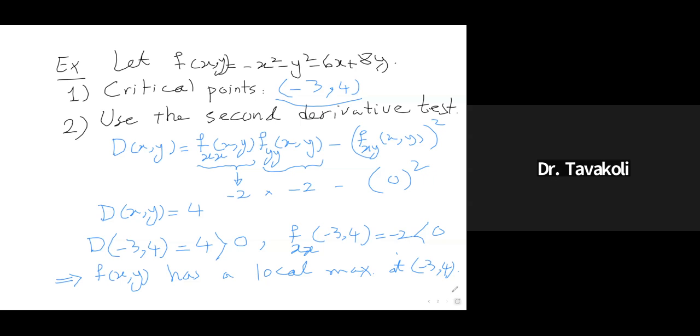Now let's see another example. The second example, again, is a function of two variables.